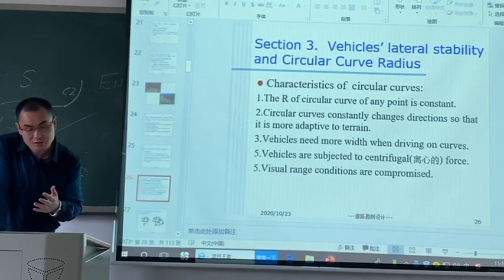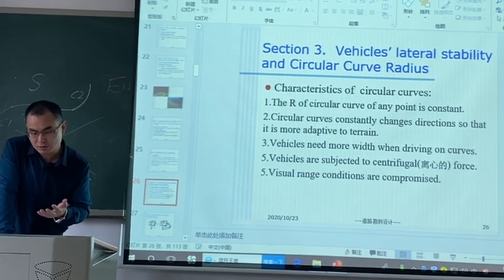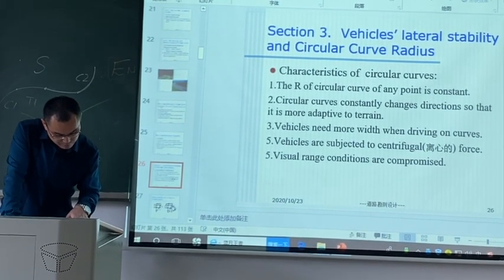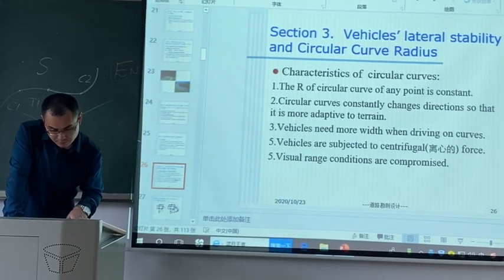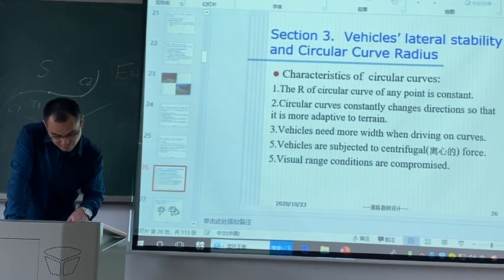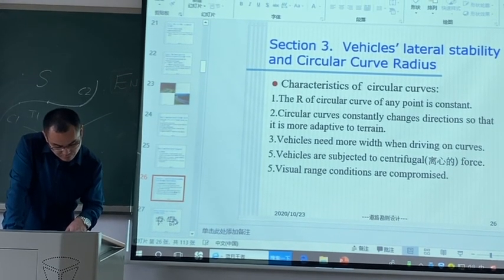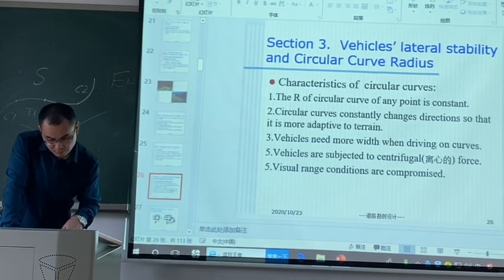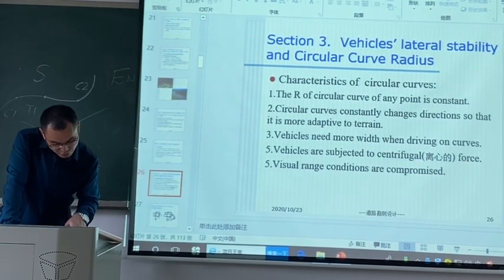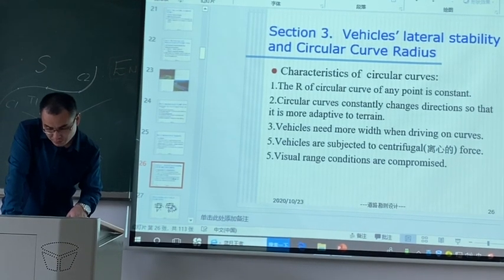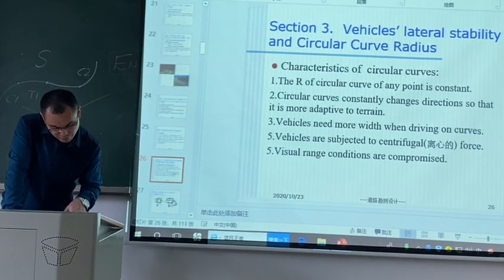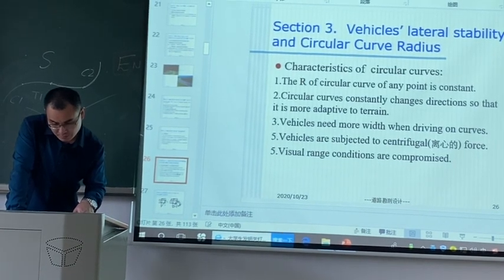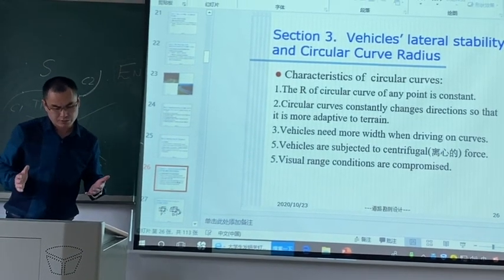What's the meaning of compromise? I think compromise is affected.